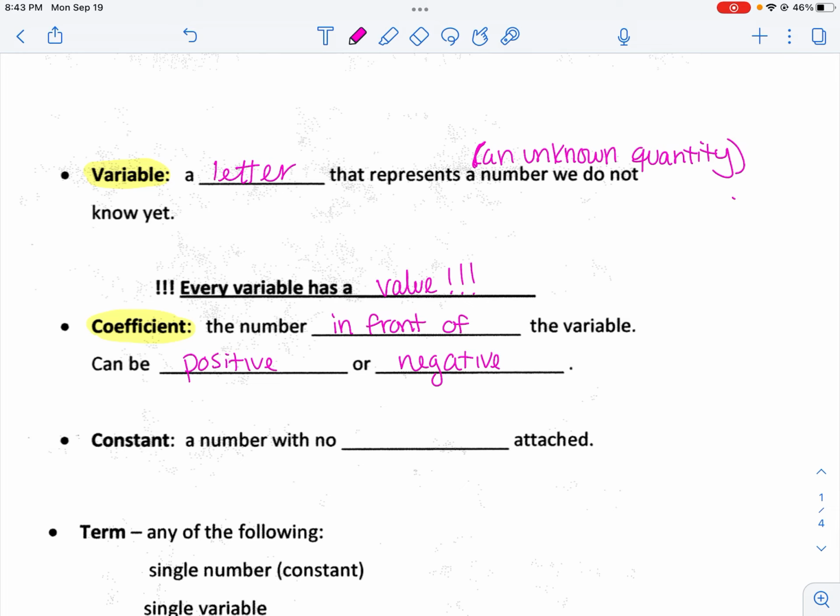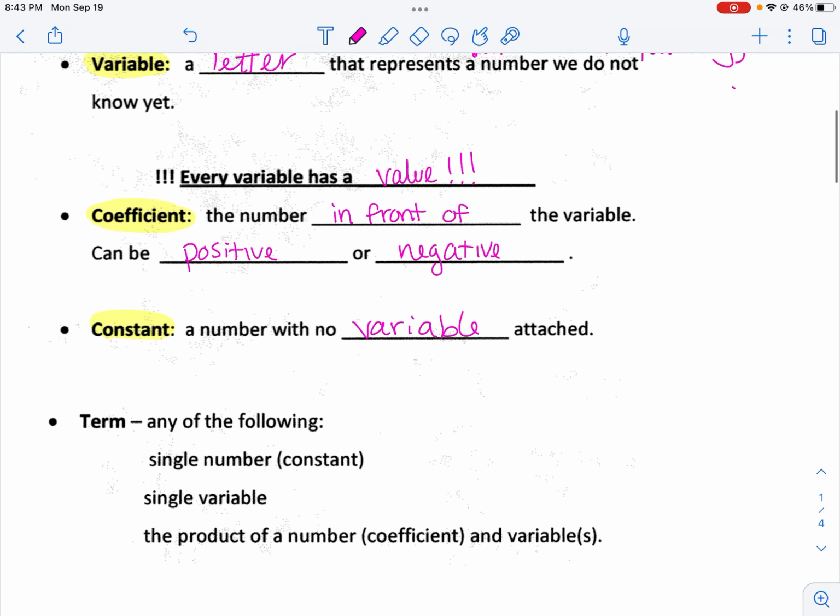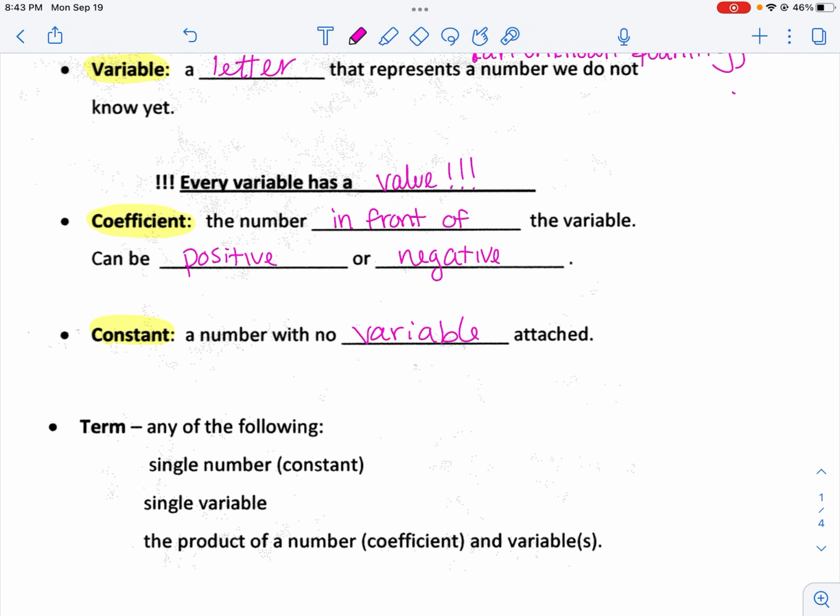So variable is the letter. Coefficient is the number in front of that letter. And then constant is a number with no variable attached. Just a plain old number. Hopefully these words are a little bit familiar to you from your days in 8th grade.